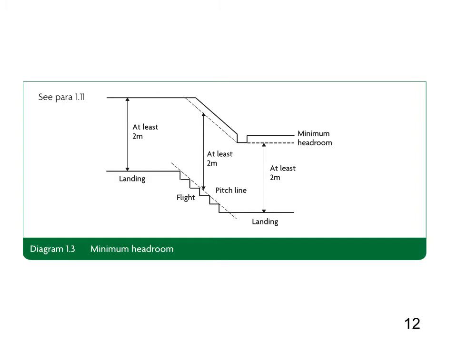And you have to maintain above that a clear distance of 2 meters to the next obstruction or the next ceiling or the next sloping soffit of perhaps a staircase above. That's an absolute requirement, and you need to check by drawing a section through your staircase that that all works for you.